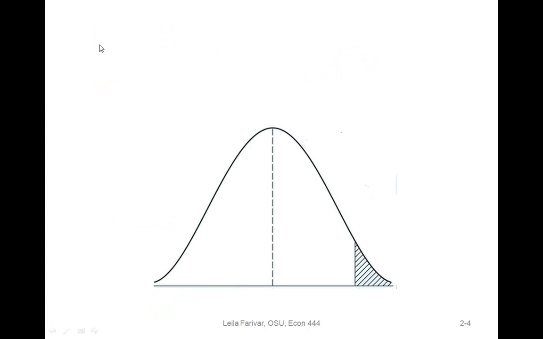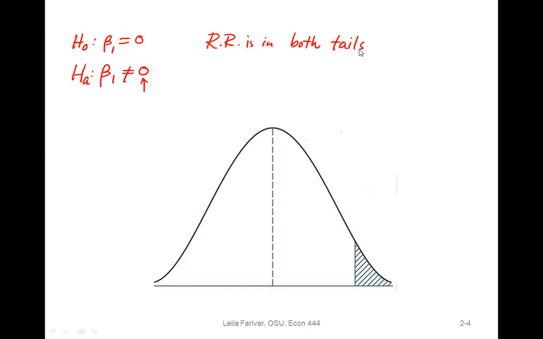And the last scenario is when we have a two-sided test. So our beta 1 in the H alternative has values to both sides of the hypothesized value. This is versus this null statement. And the rejection region is in both tails of the t-distribution. Let's say the significance level of our test is still 5%.